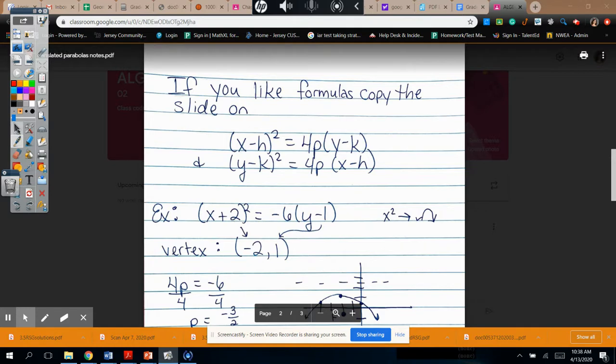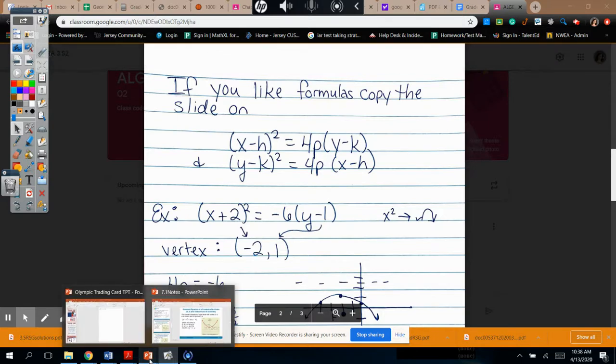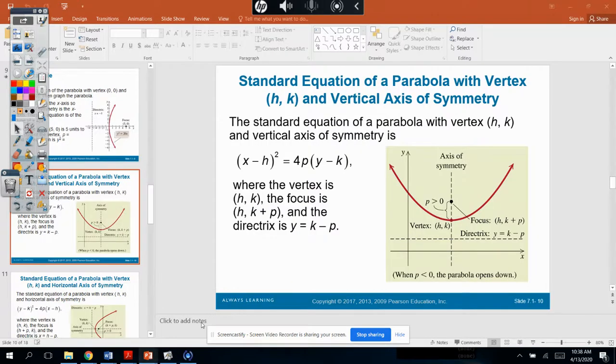This is the slide. Some kids don't like to think. They like to memorize things. And actually, you won't even have to memorize because you're going to be able to have your notes. This will give you formulas, if you like formulas. Most kids can't do this when I usually teach it because I don't let them have a formula sheet, so they have to think.